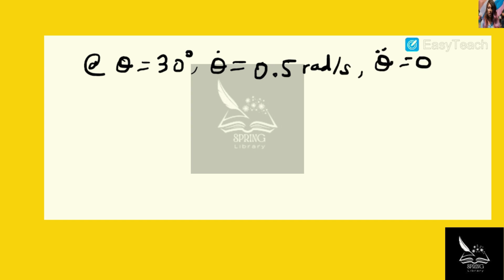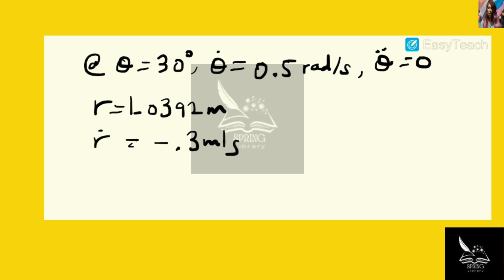Knowing these pieces of information, we can plug into the equations that we had just solved for r dot, r double dot, and r. So we know that r is equal to 1.0392 meters, r dot is equal to negative 0.3 meters per second, and r double dot is equal to negative 0.2598 meters per second squared.